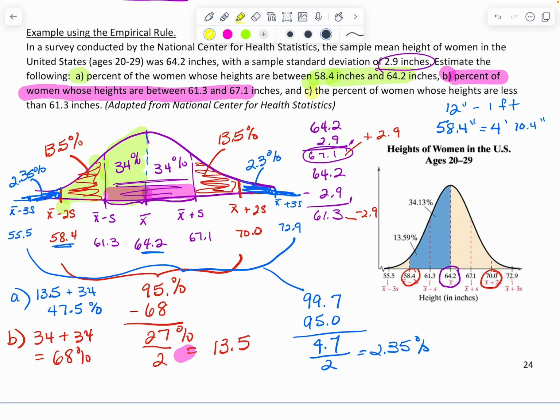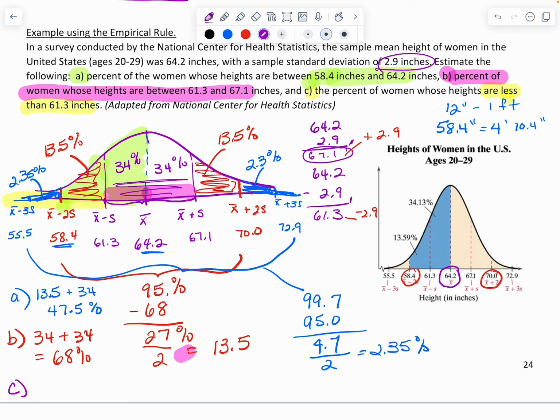Okay. And then the last question, C is the percent of women whose heights are less than 61.3 inches. So less than 61.3. So find 61.3, and that would be all of these people this way. All of those people. Okay. So to find those people, let's think about this for a second, what that's going to look like.